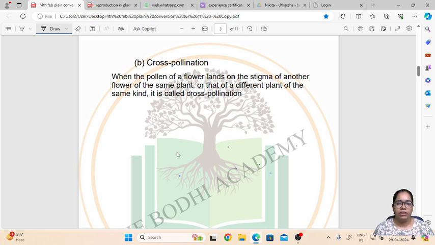In cross-pollination, again let us draw the structure of a flower. These are the sepals.